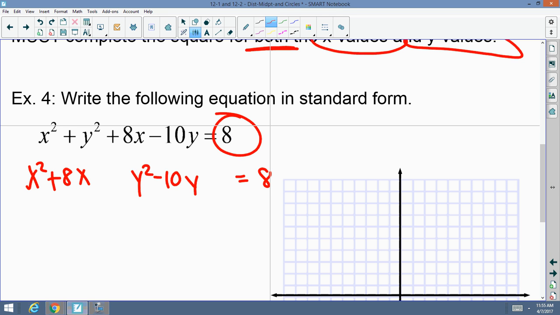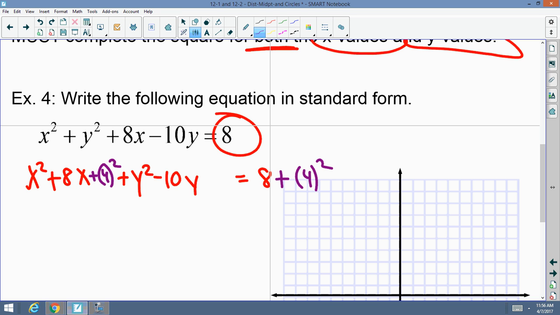Now to complete this square, guys, please remember I'm going to do it in purple so you know it's different. I'm going to add the b over 2 squared to both sides, but I have two b over 2 squareds this time. And this should be plus. So my b over 2 squared for my x is 4 squared, which I'm going to add to both sides.